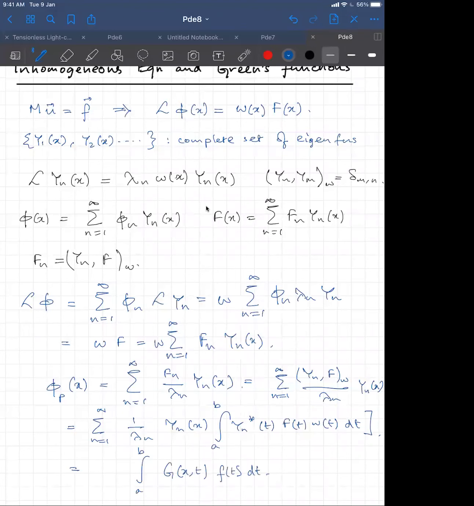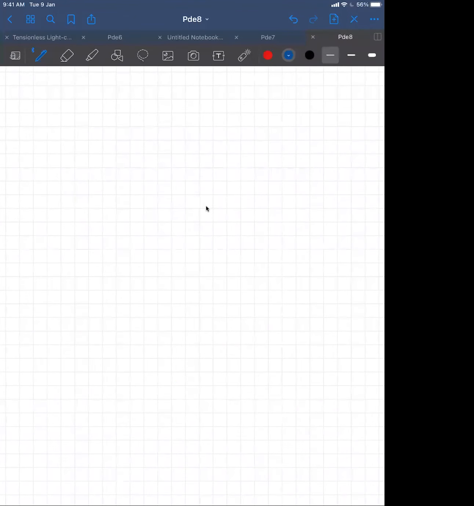Here in this last equation, f of t is nothing but w of t into f of t. This is the right hand side of the original inhomogeneous equation.